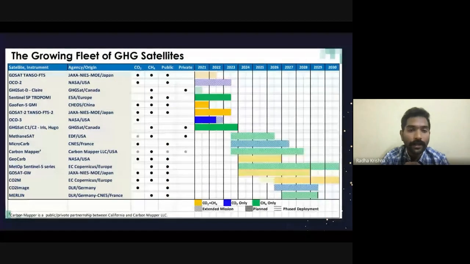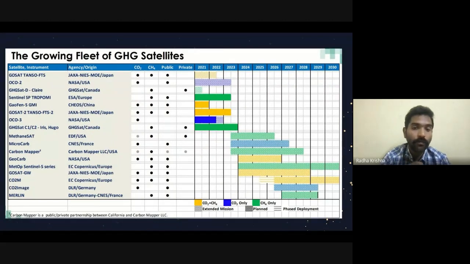This is just a slide showing you how many satellites are really focusing on greenhouse gases and how important it is to really come to terms with climate change, right? Because even a small increase of CO2 in the atmosphere is going to trap a lot of heat inside Earth, and that is going to affect both the biosphere and also our economics.